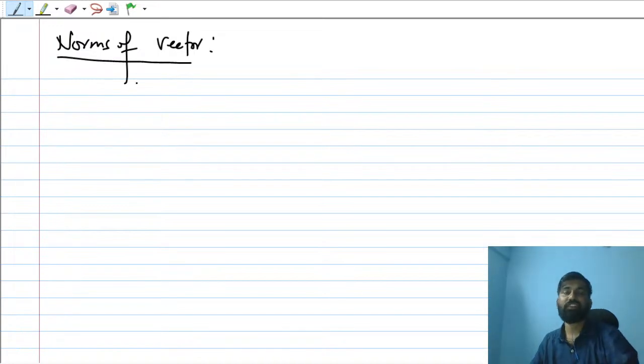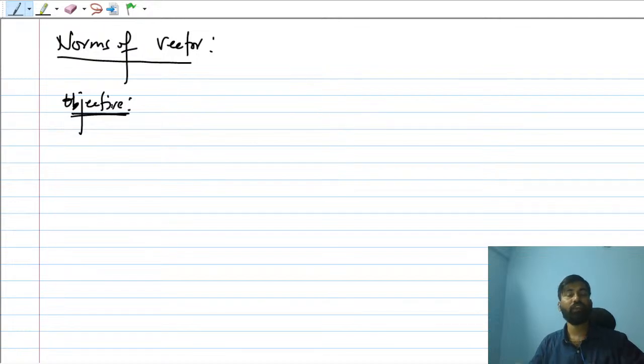Norms of a vector is nothing but, that you have to keep in mind, why we are using norms. That is a very important concept one should know. First of all, you should know the meaning of norms, the objective of norms.